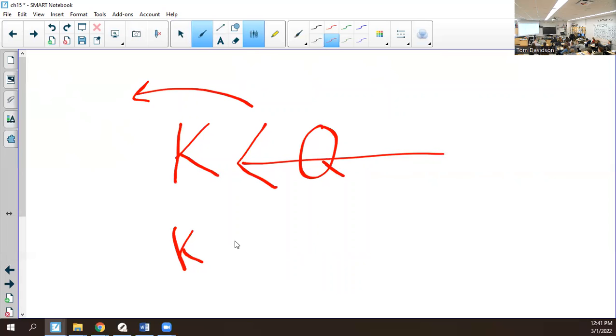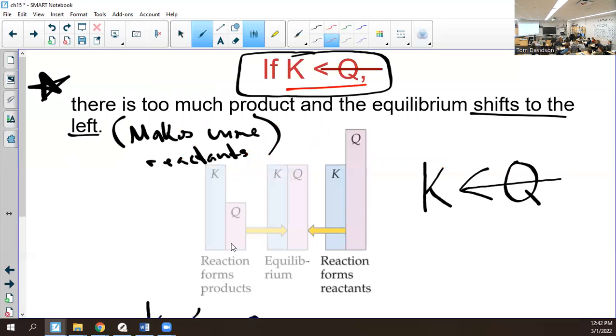Sorry, if K is greater than Q, then the reaction is going to go that direction. That arrow is pointing. So put them in alphabetical order, and then your greater than or less than sign will point which direction they go. Fair enough?